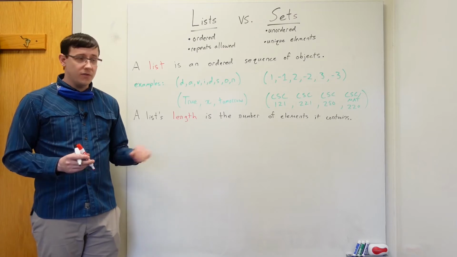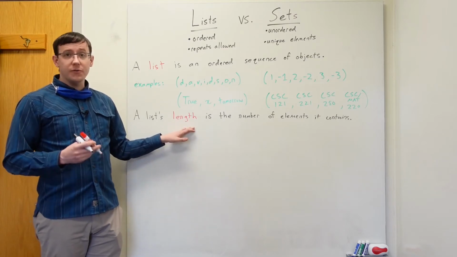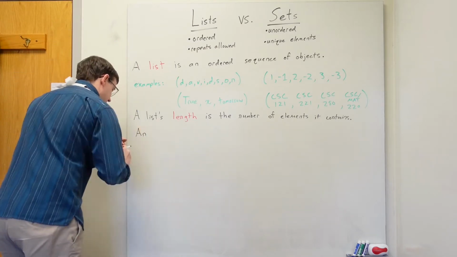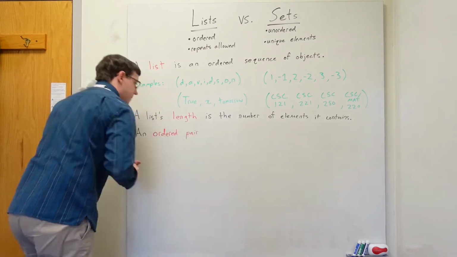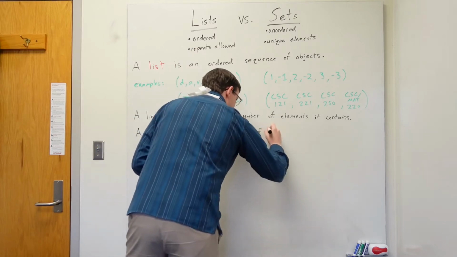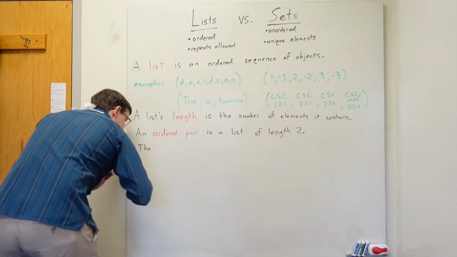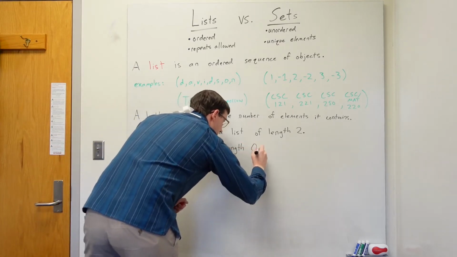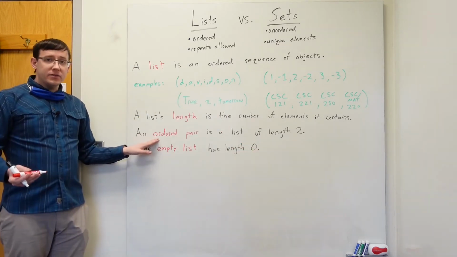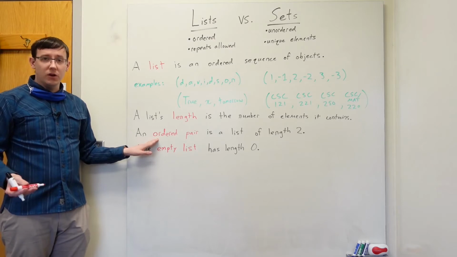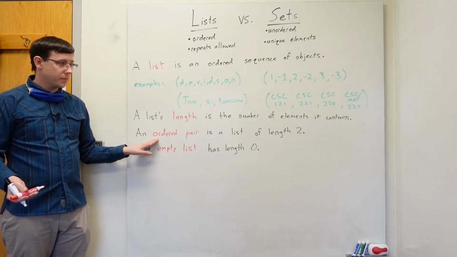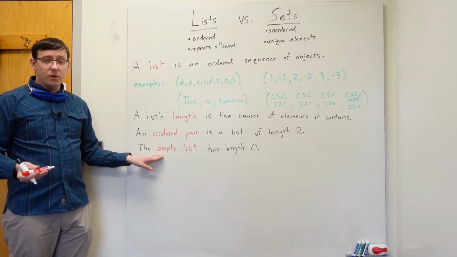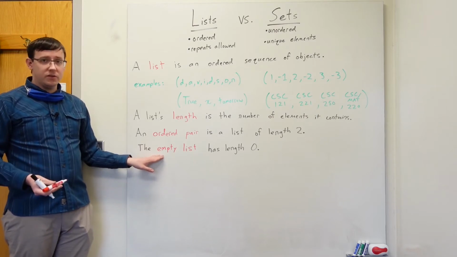Using the concept of length, we can define a few other things that we'll encounter frequently. So any list of length 2 can be called an ordered pair, and a list of length 0 is the empty list.